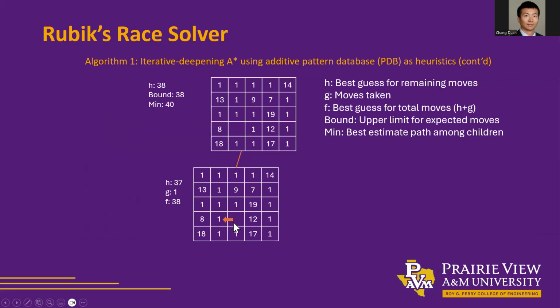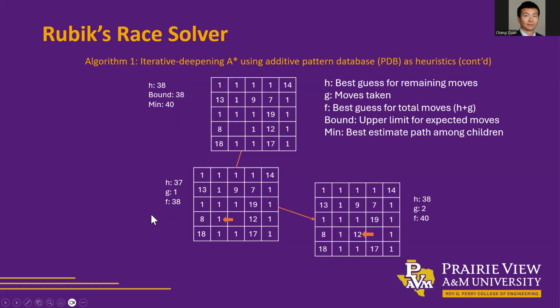Next possibility is moving one to the left. Now we can see that H is 37, G equals 1, F is 38. So this equals the bound, and we can keep exploring the children nodes of this branch.